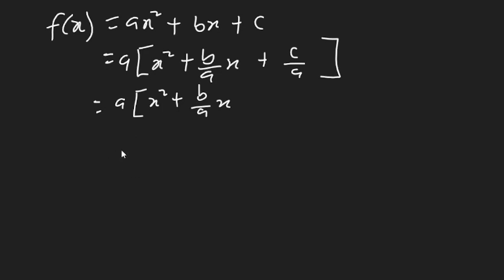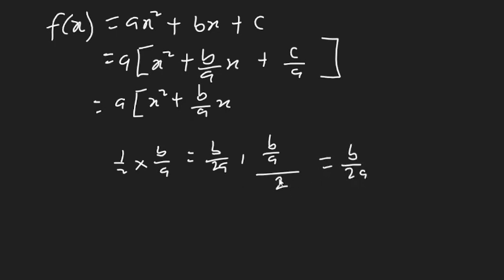The next step is we multiply half by the coefficient of x, which is b on a. And this is given as 1 multiplied by b is b, 2 multiplied by a is 2a. Also, when we divide the coefficient of x by 2, so b on a all on 2, we are also going to get b on 2a.